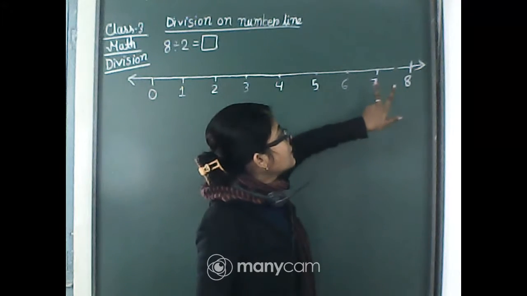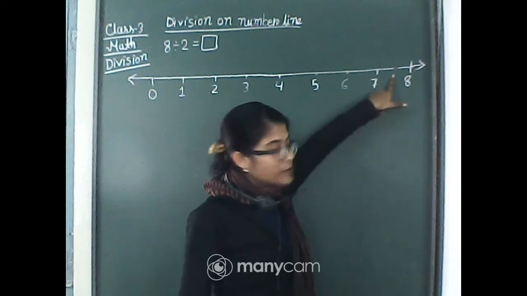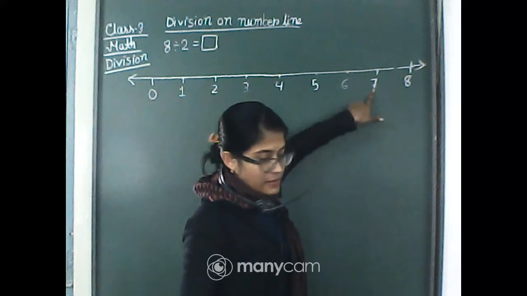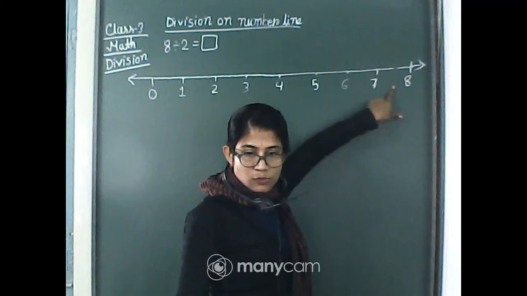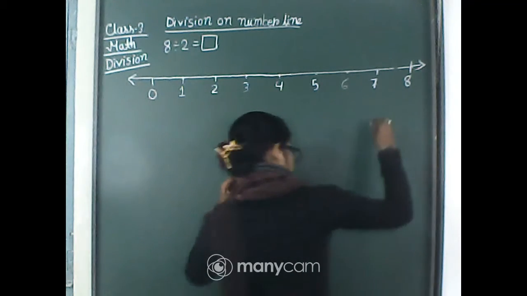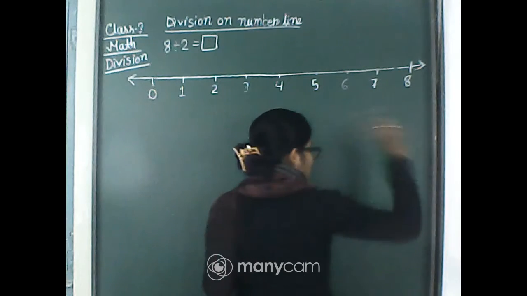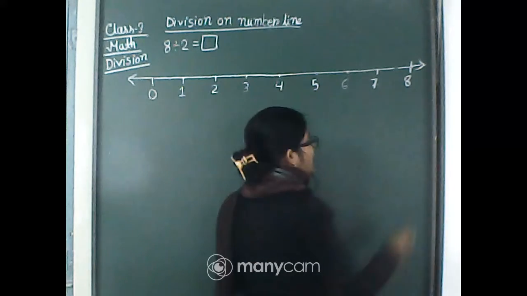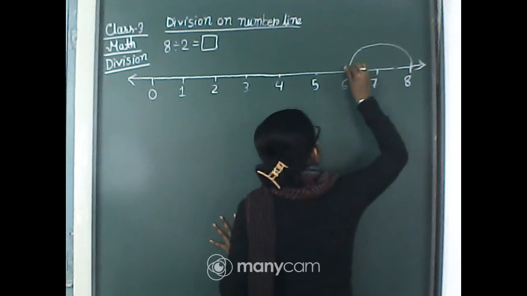Between 7 and 8 there is 1 blank space, so 1 room, and between 6 and 7 it is another room. So this one and this one make 2. Or else you can subtract 2 from 8, and you will get 6.